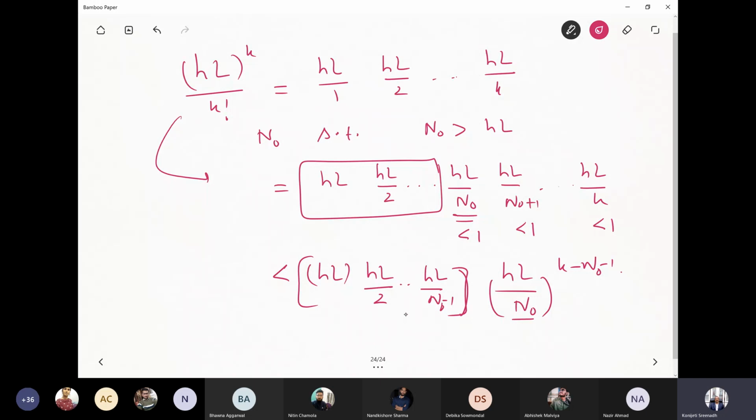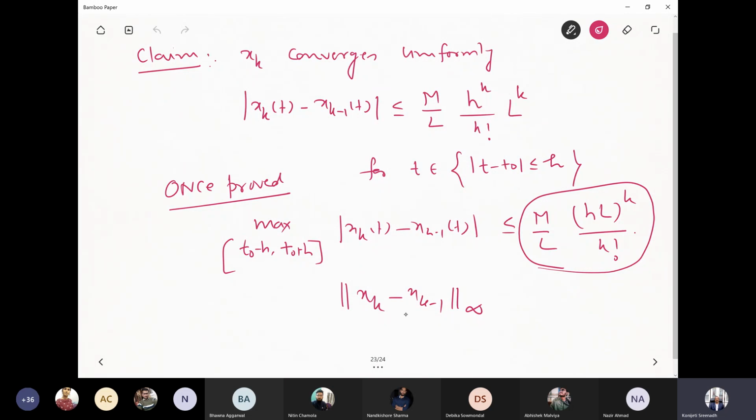Now you see that this fellow is less than 1, therefore power k, as k tends to infinity, this goes to 0. And this is simply a constant, as k tends to infinity. Therefore, the (hL) power k by factorial k actually goes to 0, which is now independent of your t naught. Therefore, this goes to 0 as k tends to infinity.